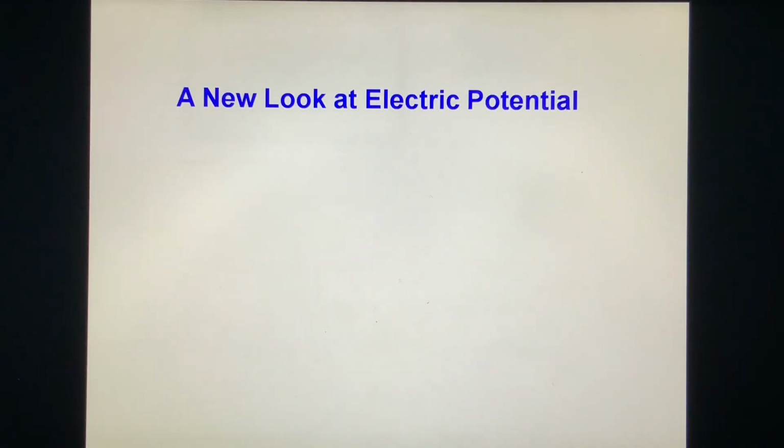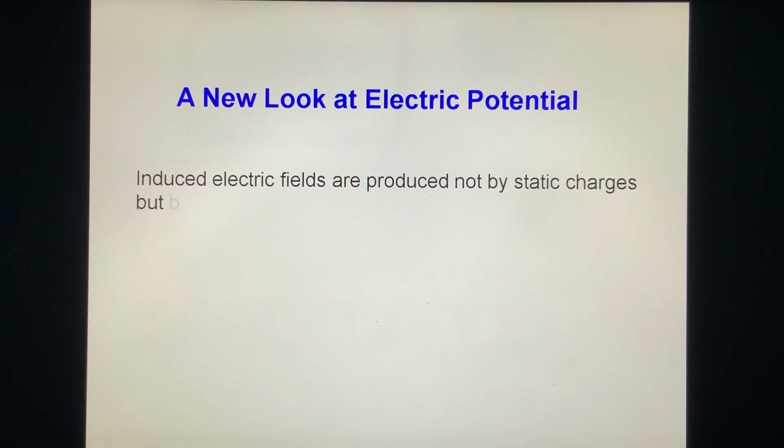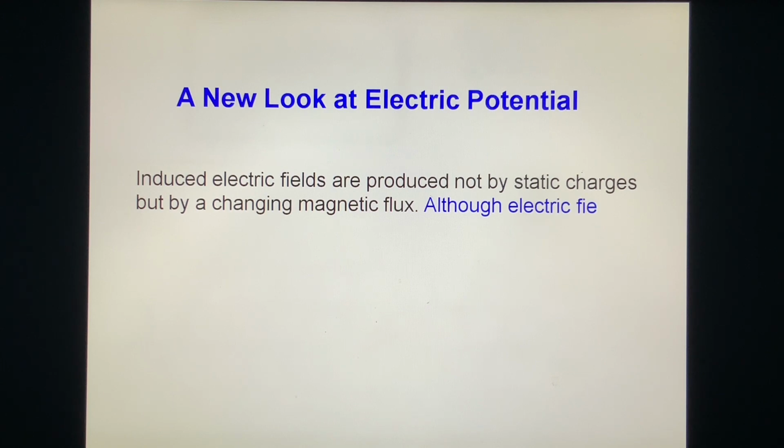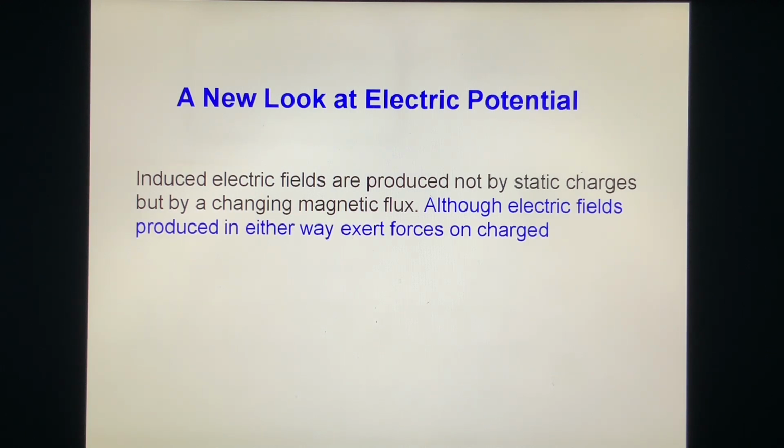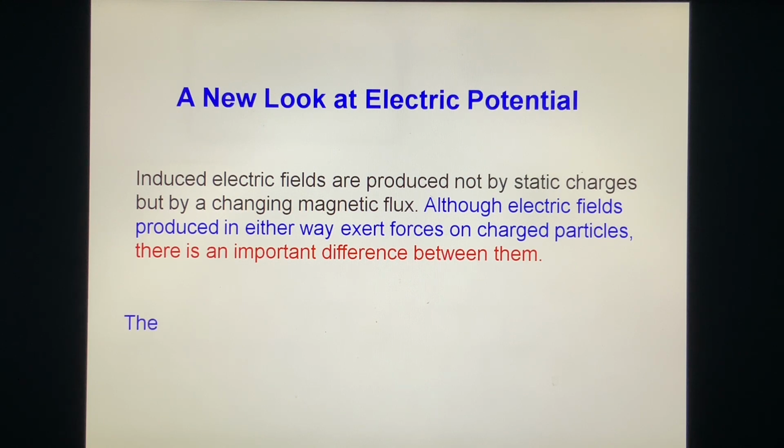A new look at electric potential. Induced electric fields are produced not by static charges, but by a changing magnetic field. Although electric fields produced in either way exert forces on charged particles, there is an important difference between them.